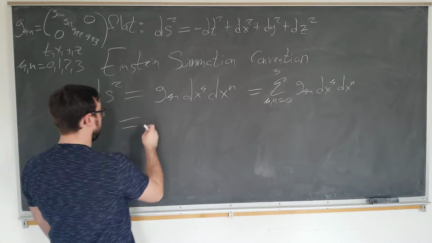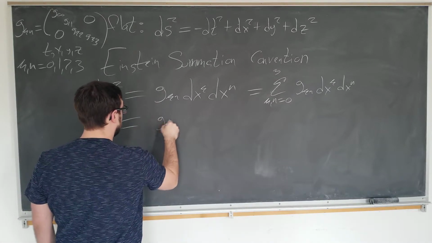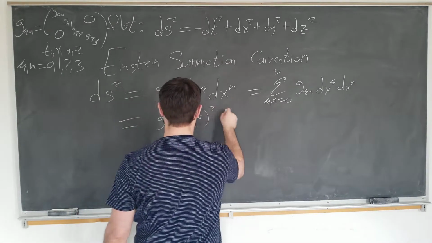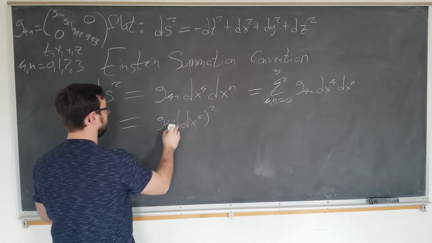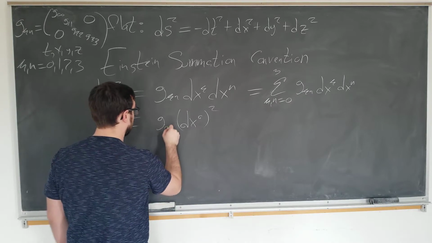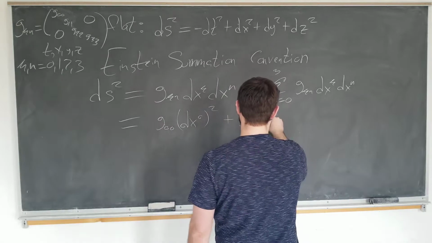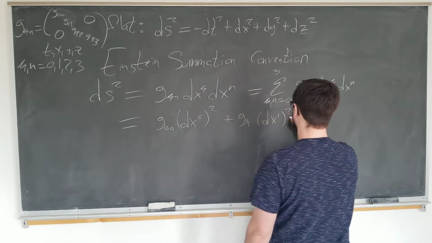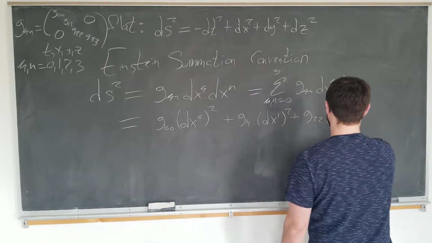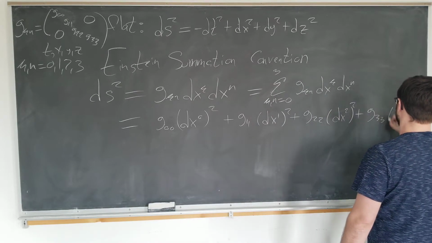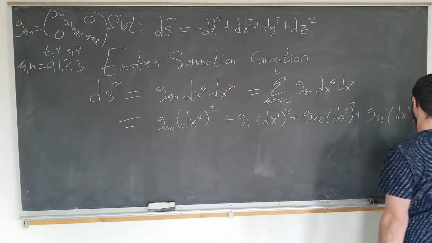It would just be g00 dx0 squared plus g11 dx1 squared plus g22 dx2 squared plus g33 dx3 squared.